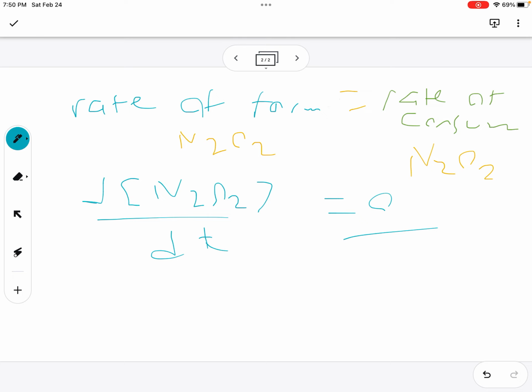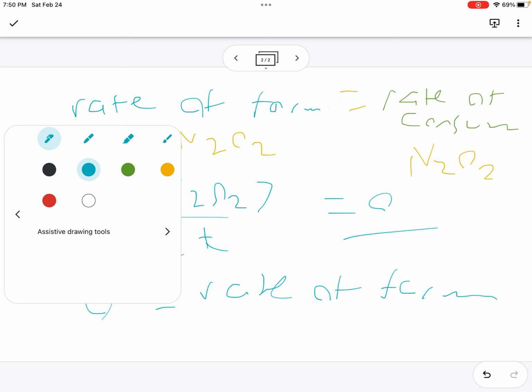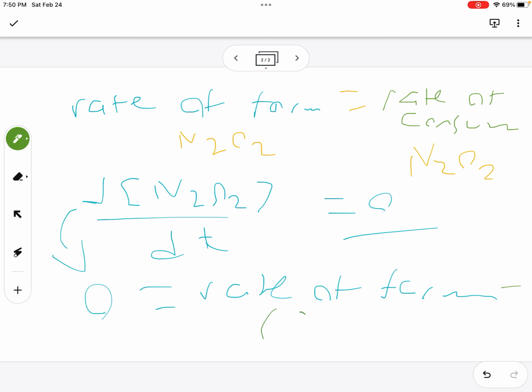And so if we say that the rate of change of N2O2, which is equal to 0, is actually going to be equal to the rate of formation minus the rate of consumption, and then rearranging, the rate of consumption is equal to the rate of formation.